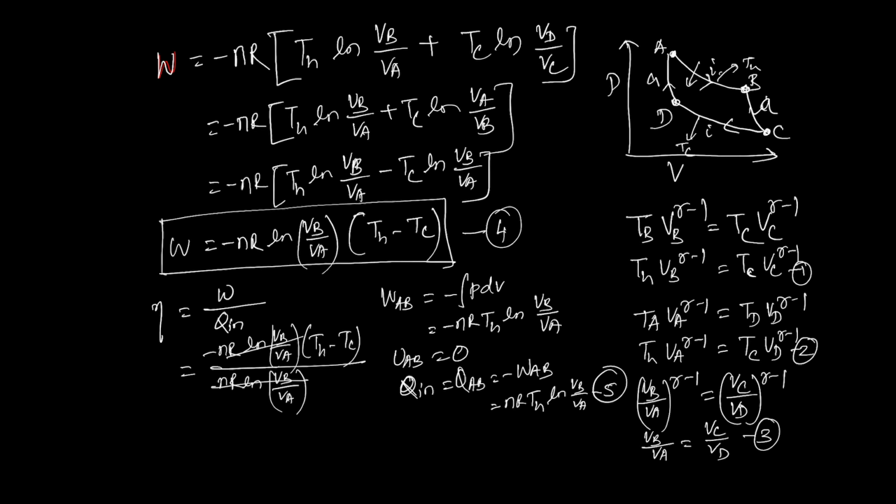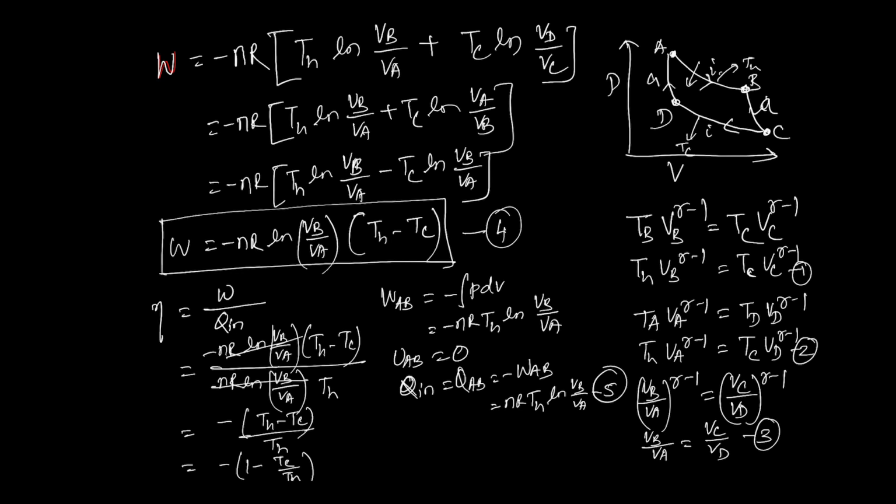Now NR ln Vb by Va cancels, and Th also cancels, so we get minus Th minus Tc by Th, or minus 1 minus Tc by Th. So, you have to see that there should not be a minus there.